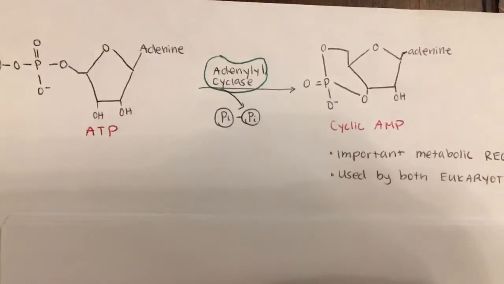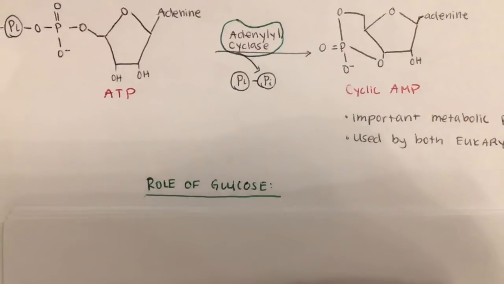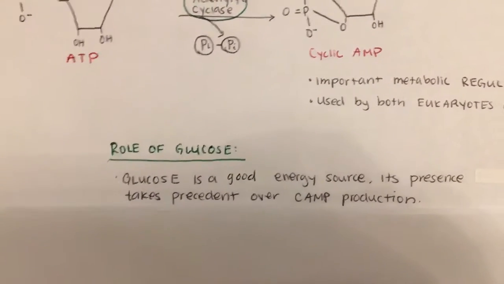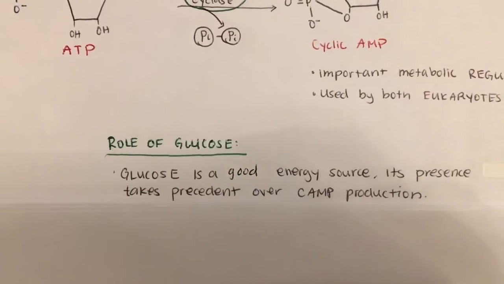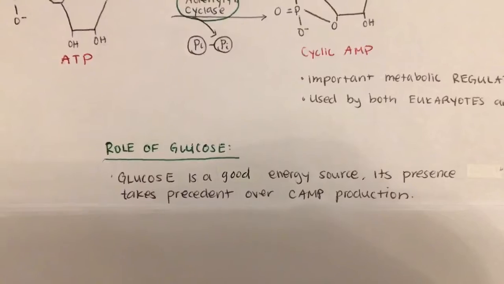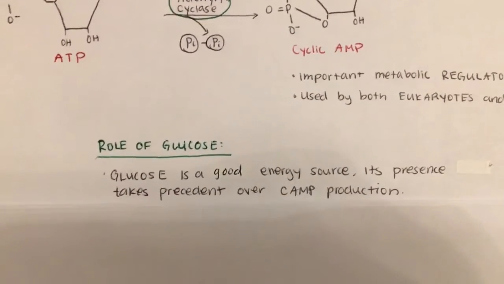Glucose also plays an important role in the production of cyclic AMP. Because glucose is a good energy source, it takes precedence over cyclic AMP production. Basically, the cell will devote the energy used in ATP to cleave glucose rather than to make cyclic AMP.